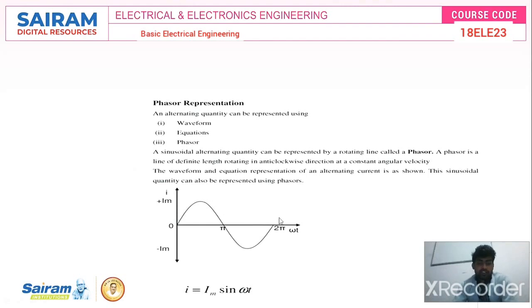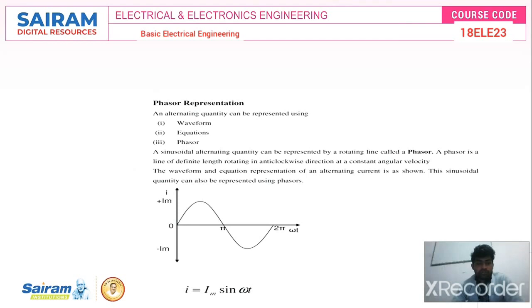Here to here, and equation Im sin omega t or V is equal to Vm sin omega t, or the equations like final equation of crest factor, peak factor, or form factor, 1.11, 1.414, and average value 0.637 Im, or Im by root 2, 0.707 Im, right? That is equations. And phasor in the sense location of alternating quantities.